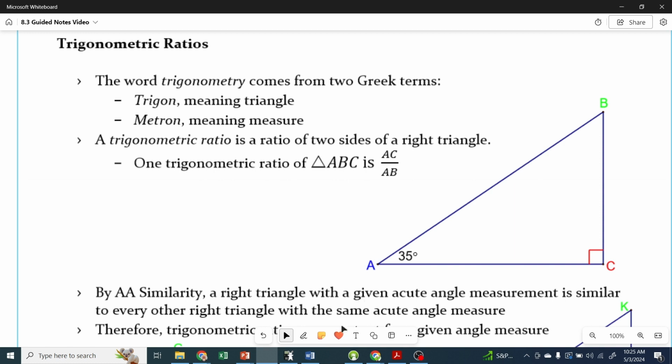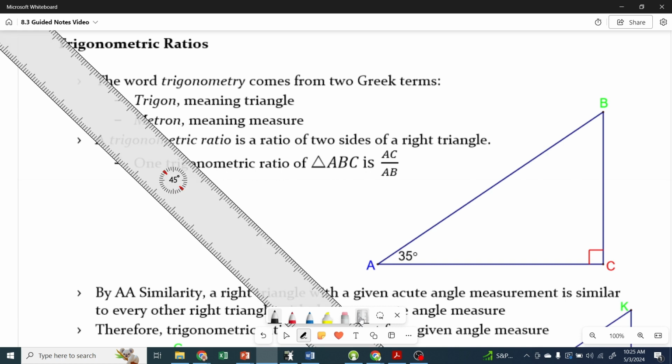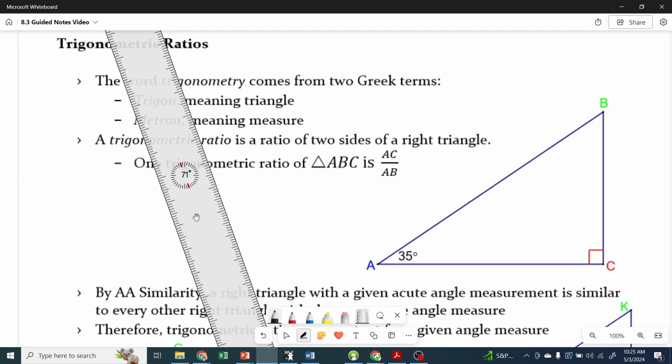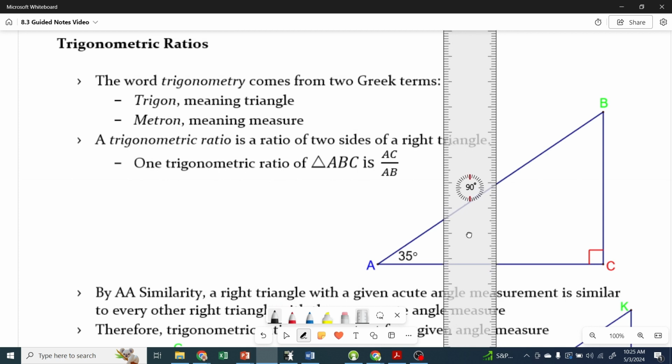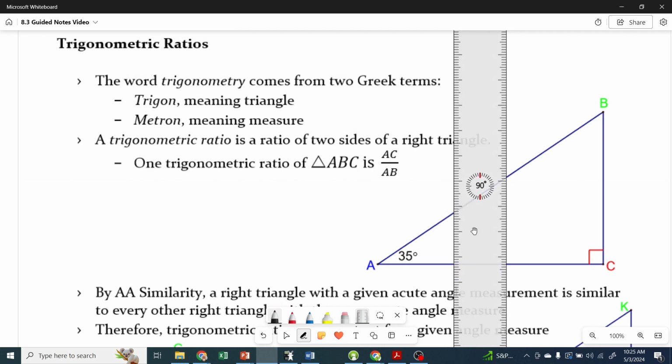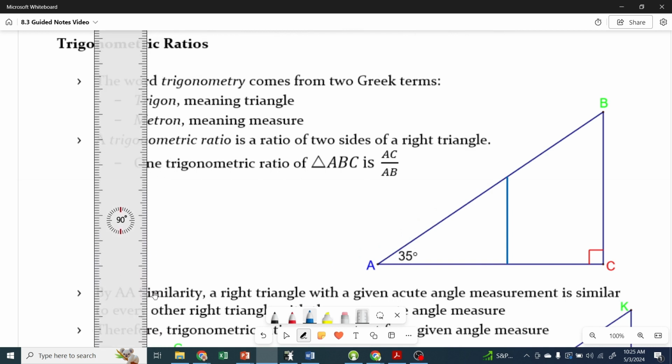And one of the things we're going to do here, just to illustrate how this is going to work, is if we draw a little line here, looking like such. Okay, so we have a length, a ratio.